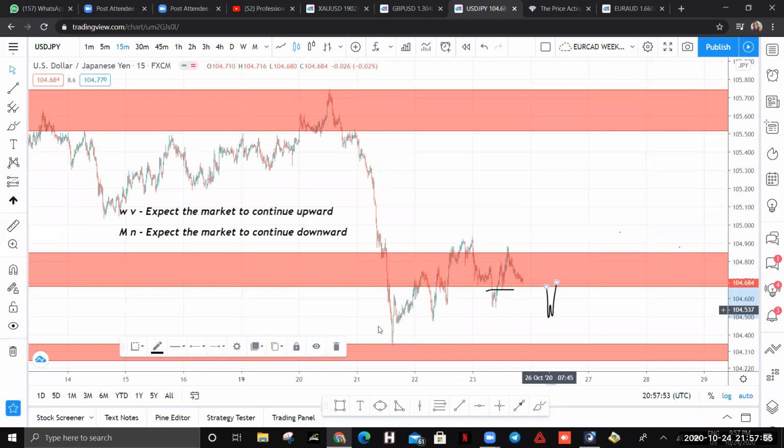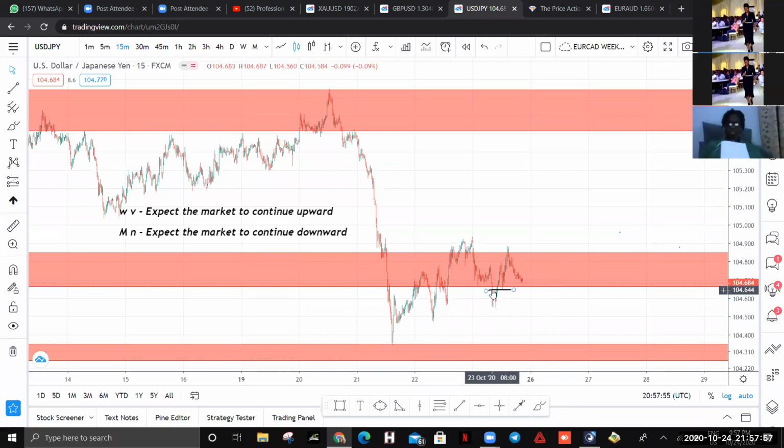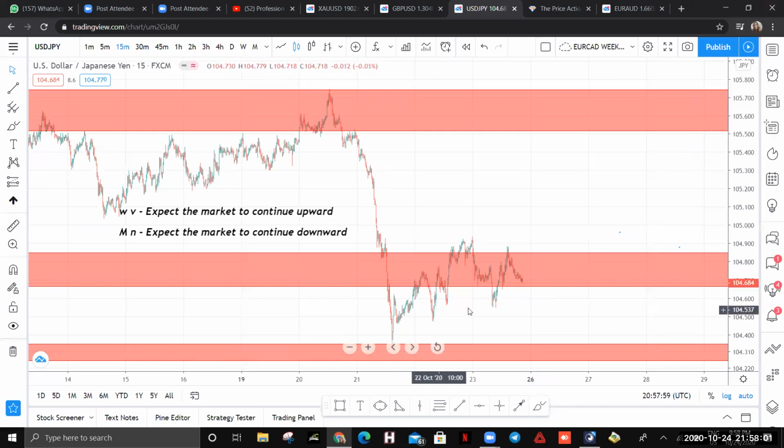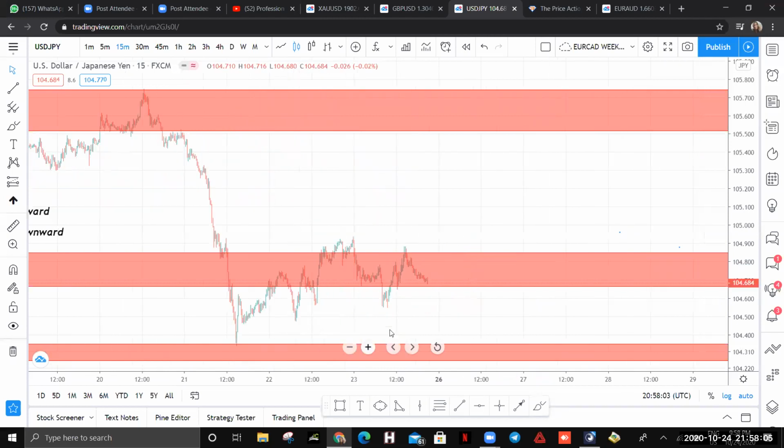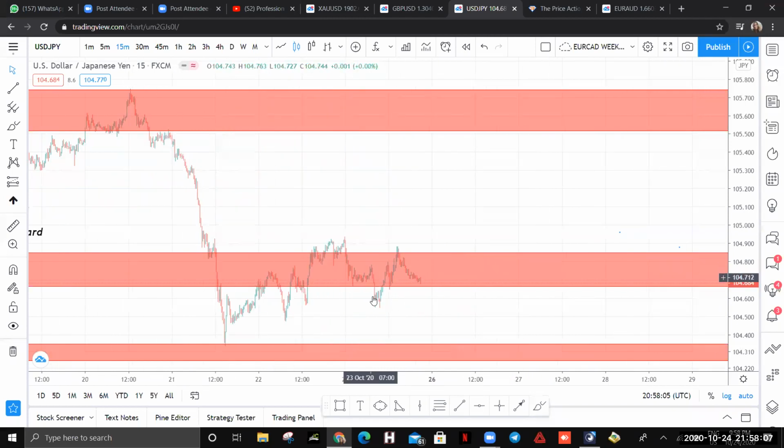Now, see this beautiful. Let me delete this and delete this. Now, you see this V. You can see the difference between the W and this V. In the W, you see an impulse move, correction, small impulse, and correction.